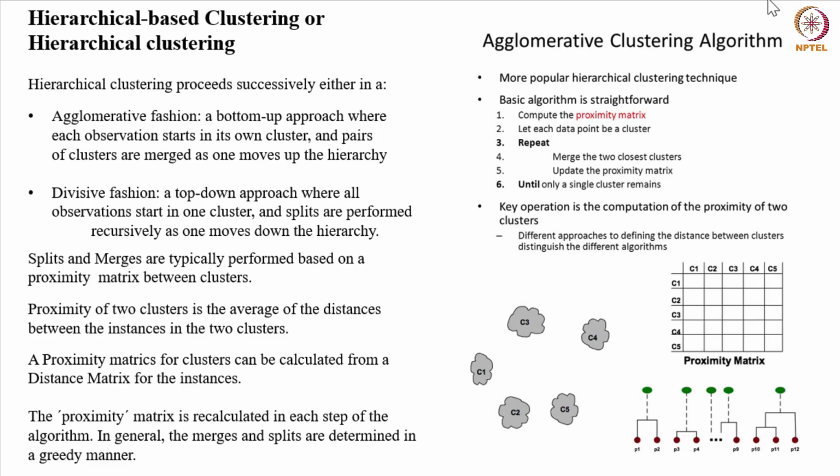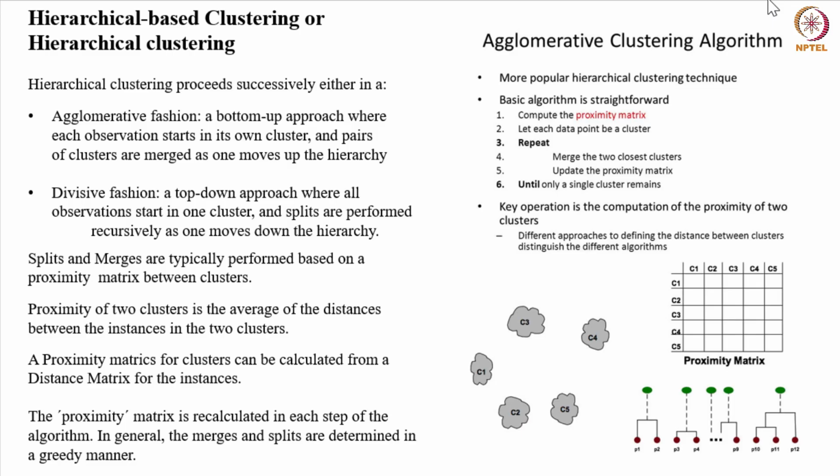It's actually a very simple relation, because if you have a distance matrix, given all the distances between the instances involved, then you can create a proximity matrix, which is the term used, between the clusters. For the two clusters you want to compare, you take the average of the distances between the instances in the two clusters. So the proximity matrix is an abstraction based on the distance matrix.